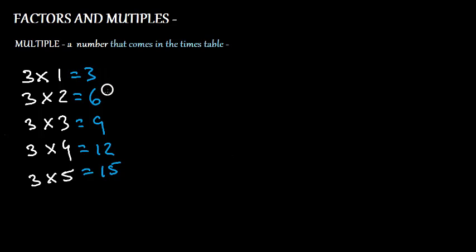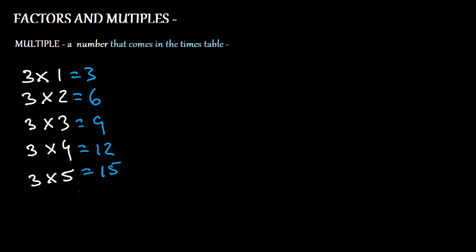So 3 plus 3 is 6, 6 plus 3 is 9, 9 plus 3 is 12, 12 plus 3 is 15. So basically, you're just counting by whatever number they tell you to. If they tell you to list the multiples of 5, you're just counting by 5s. And if they tell you the multiples of 8, you're just counting by 8. So that's just a trick that you can keep in mind when you're working with multiples.